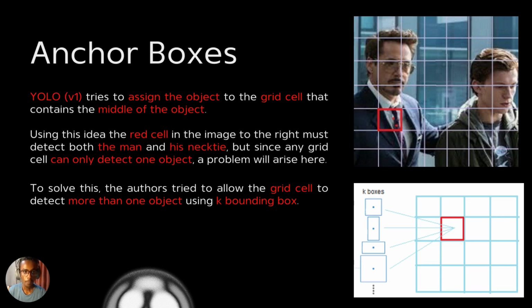So YOLO V2 introduces more bounding boxes. Instead of using a predicted bounding box of 2, you're going to use predefined boxes for all of the grid cells, and we're going to use k bounding boxes in this case, and each grid cell can detect more than one object.